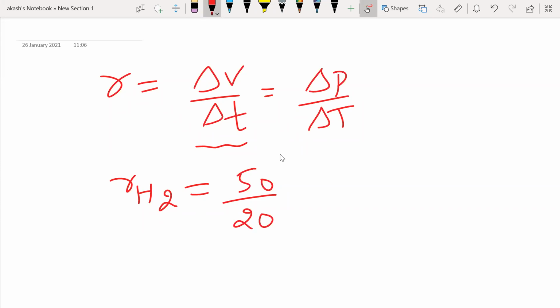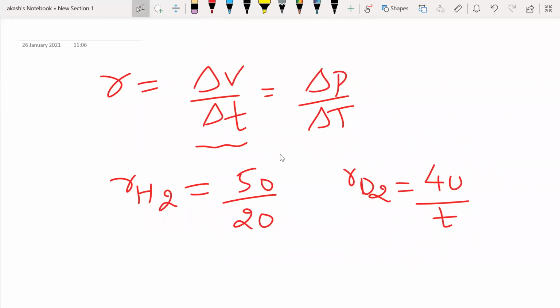Right. Now they're asking for the rate of O2 under similar conditions. In this case, I have 40 ml of O2. I don't know the time. This is what I have. Now these are the rates, and we know how to compare the rates for two different gases. You have to use Graham's law of diffusion.